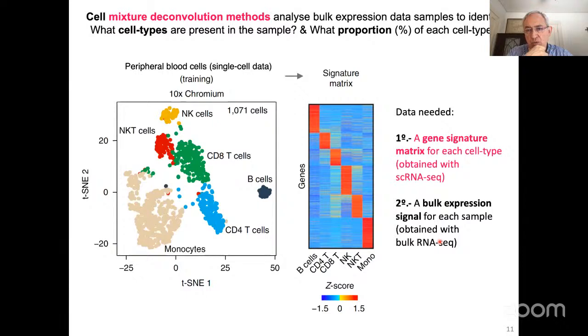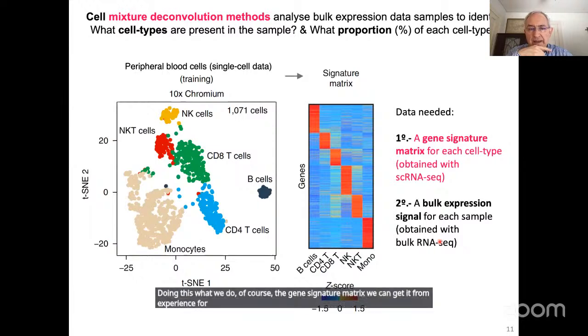Of course, the gene signature matrix we can get from experience, from knowledge, or from different methods.